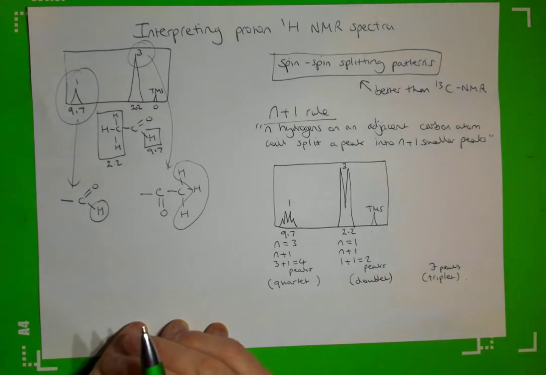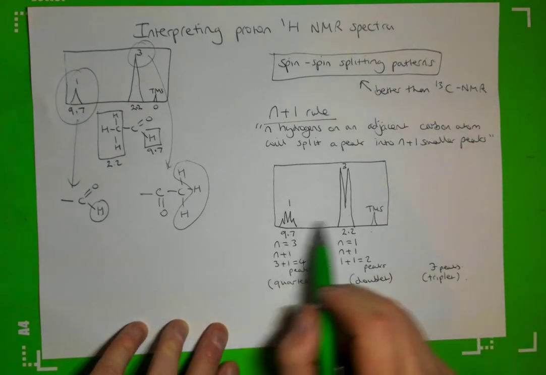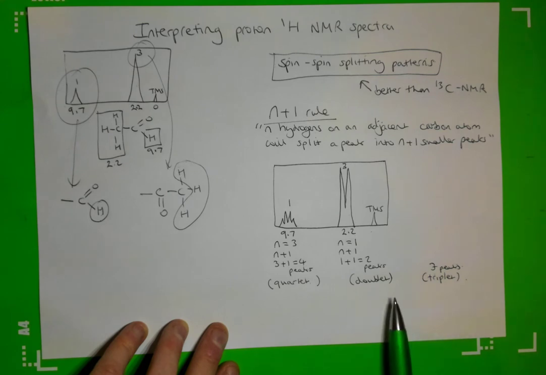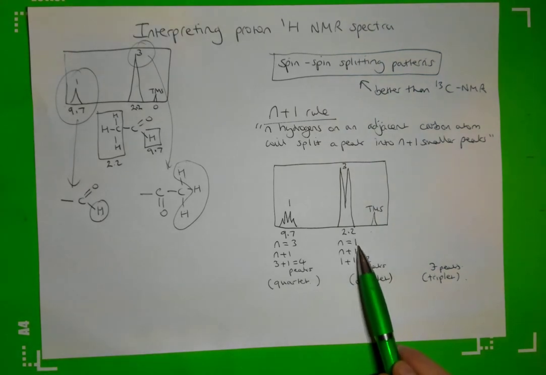Now, at A level, you won't have to interpret any spectra that has been split into 5 or more peaks. It's only going to be singlet, which is where there's 1 peak, which means that there's no adjacent hydrogens. Doublet, 2 peaks, which means that there is 1 adjacent hydrogen.